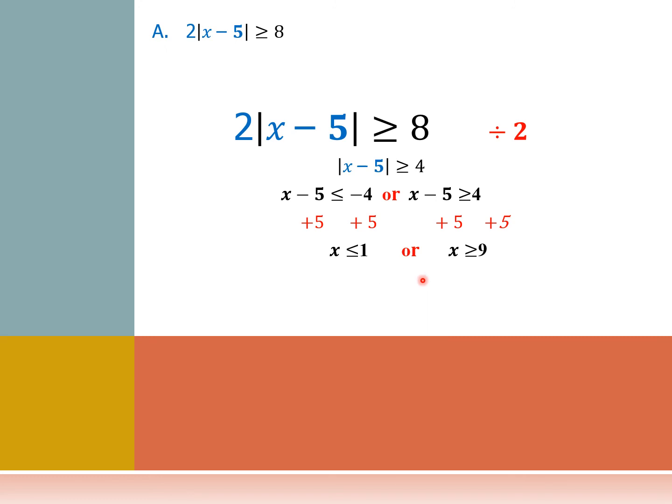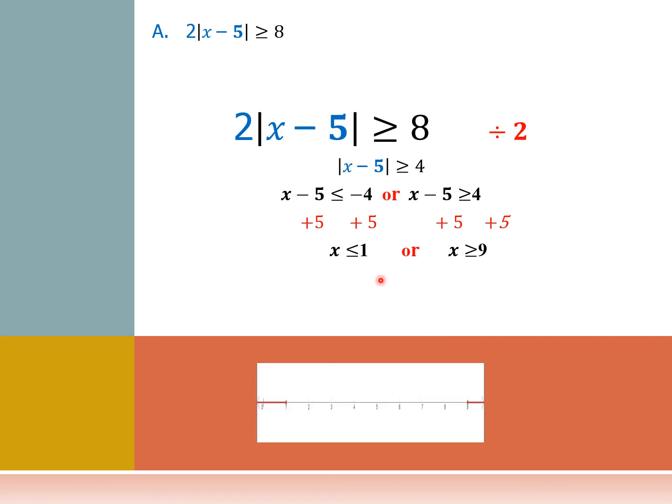To find the graph, if you see here we have x less than or equal to 1, so this is number 1, and this is the outside area, when x is less than or equal to 1. So x equal to 1 is included in the domain.